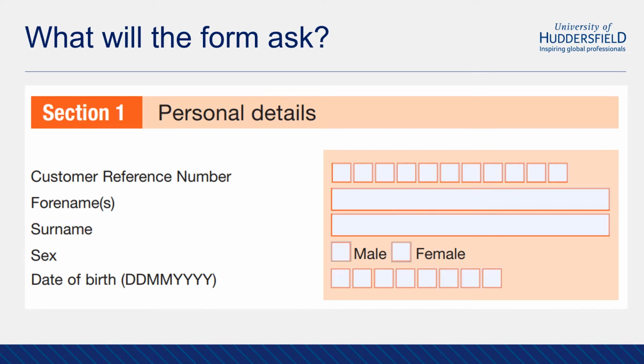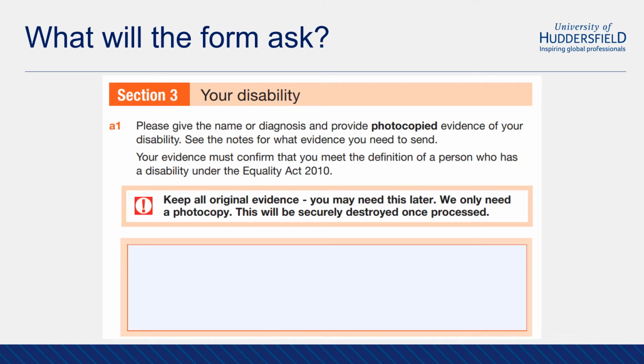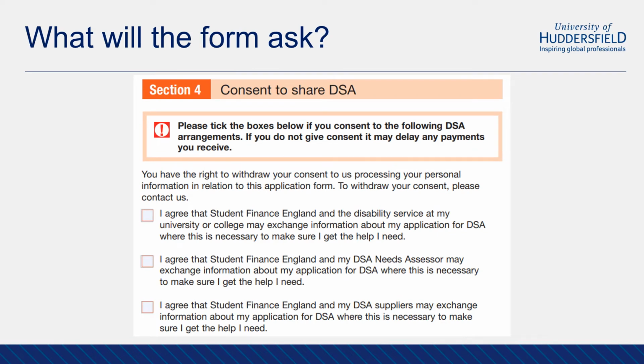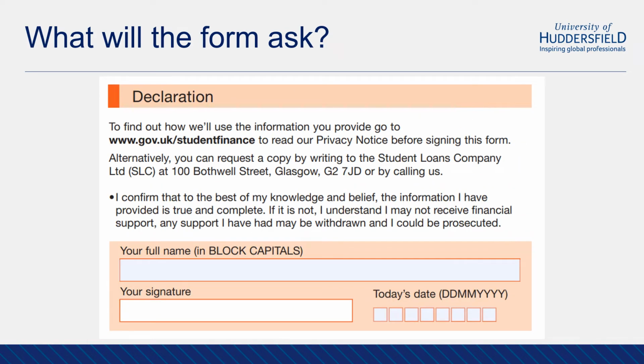Firstly, you will need to provide your personal details, whether you receive any other financial support, information about and evidence of your disability, which we will look at in more detail later in this video, your consent to share your information where necessary to help you with disability services at the university, your DSA needs assessor and your DSA suppliers, your bank or building society account details should any support costs need to be reimbursed, and finally a declaration to confirm that the information you have provided is true.